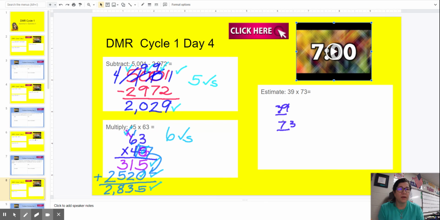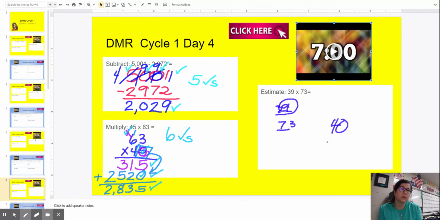Okay, the number they have in common is in the tens place. I go next door and I circle my 9. I ask myself, is 39 closer to 40 or closer to 30? And it's closer to 40. So I'm going to actually put 40 on the bottom, just because it's kind of easier to multiply with 40.